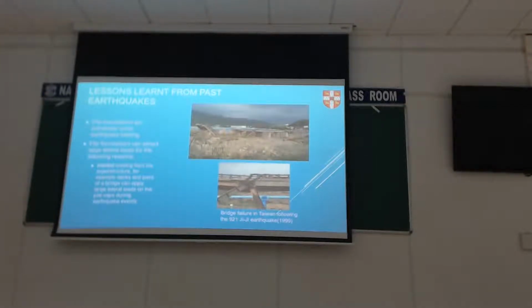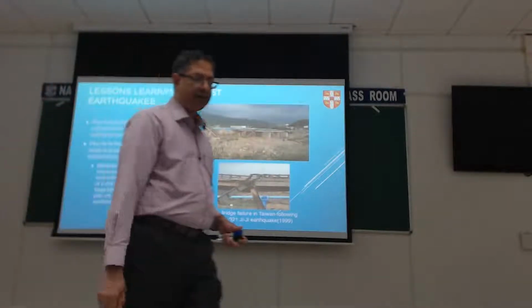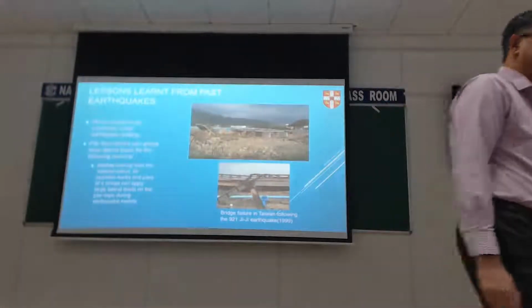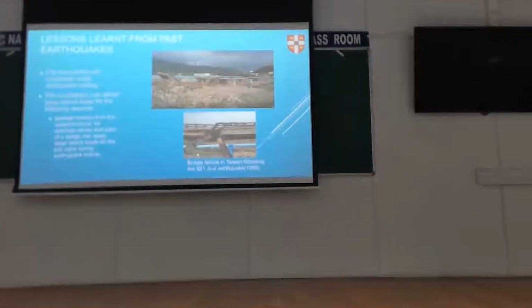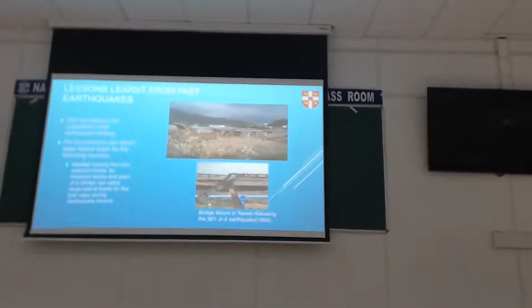When things don't go right, of course, things like this can happen. These are pictures from Taiwan, the Taichung earthquake 921, the Chichi earthquake, it's called. This is a very good example of inertial loading. Why?